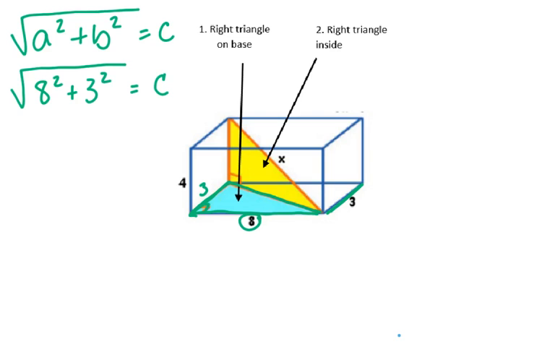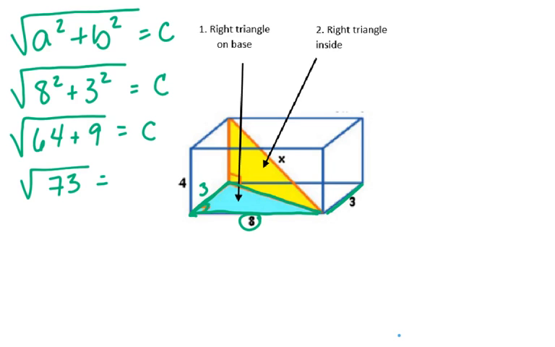I just want to do 8 squared plus 3 squared. And so 8 squared is 64, 3 squared is 9, and then if I add those together, I get the square root of 73. Now there's a reason for leaving it in this form, and you'll see why in a second. It makes your numbers turn out better.